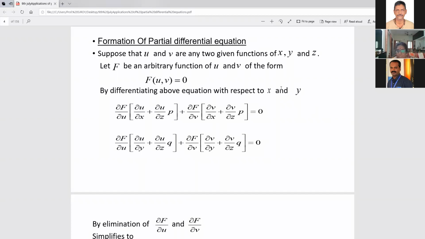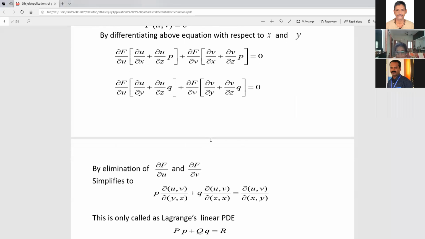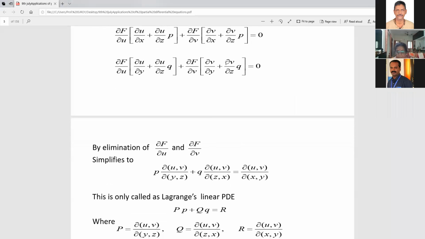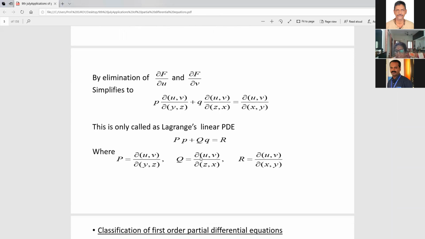If I do partial differentiation with respect to x and y from this equation, we'll get two equations. Solving these two, in the sense of eliminating dou f by dou u and dou f by dou v, we'll get a very interesting equation, which we call Lagrange's linear equation.